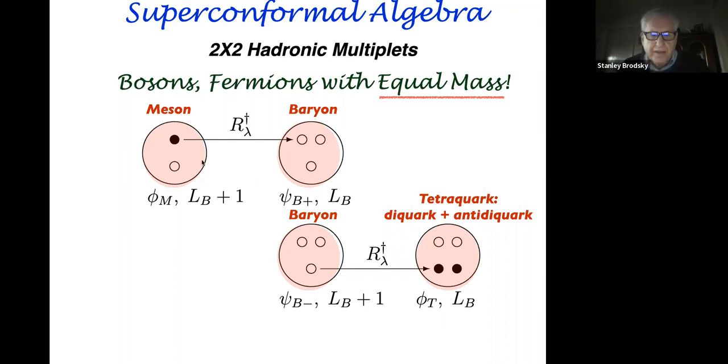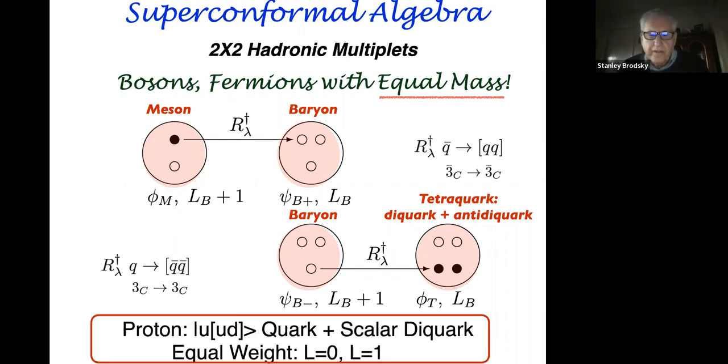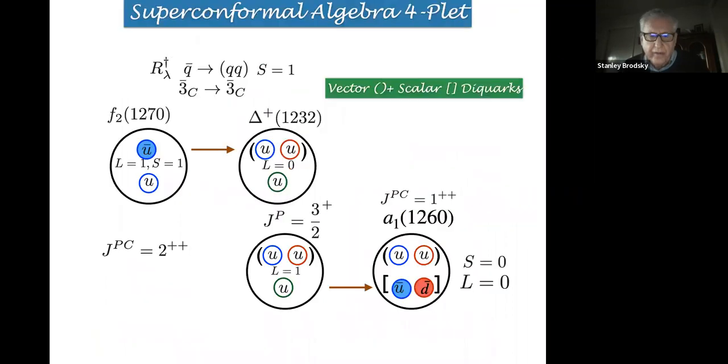The baryon mimics the meson one, and then that mimics the quark-diquark anti-diquark structure of tetraquarks. That's remarkable, and the supersymmetry operator is really this operator that preserves color but takes a quark to an anti-diquark and an antiquark to a quark. So this really puts the quark-diquark theory on a strong basis, where the proton is really an up quark and a UD scalar diquark with equal weight, L equals 0 and L equals 1.